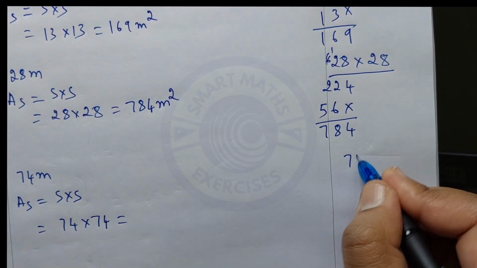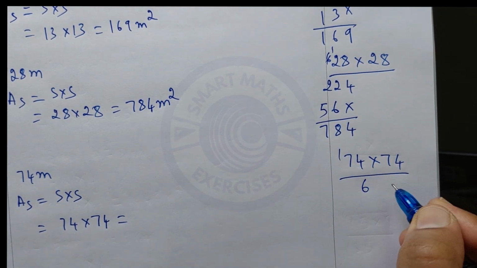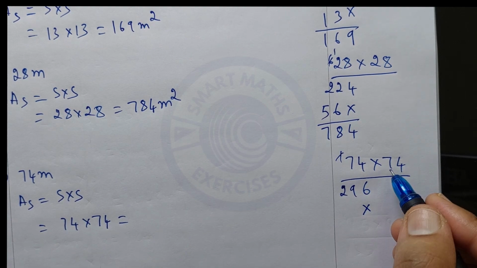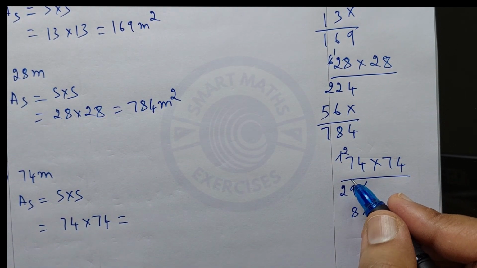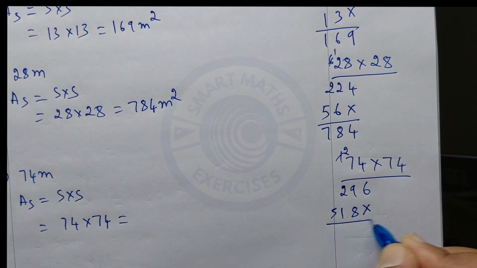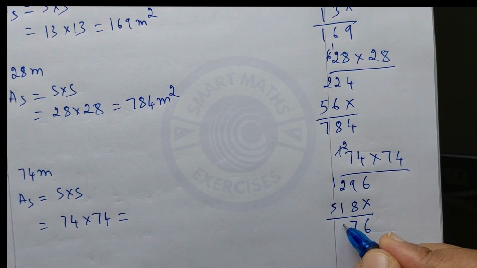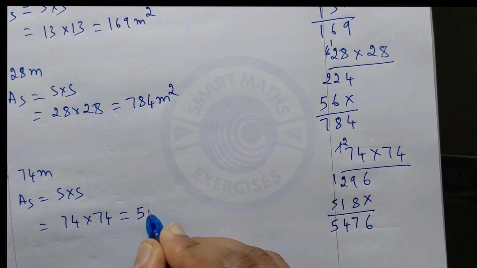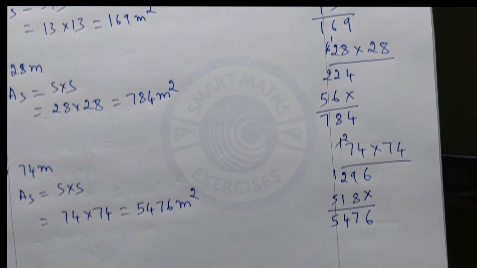Multiply 74 into 74. 4 4s are 16, 4 7s are 28 plus 1, 29. 7 4s are 28, 7 7s are 49 plus 2, 51, 6, 9 plus 8 is 17, 2 plus 1 is 3 plus 1, 4. So answer is 5476 meter square.